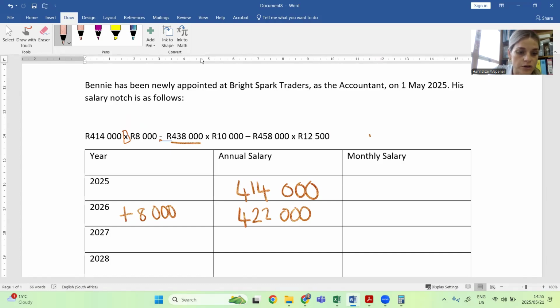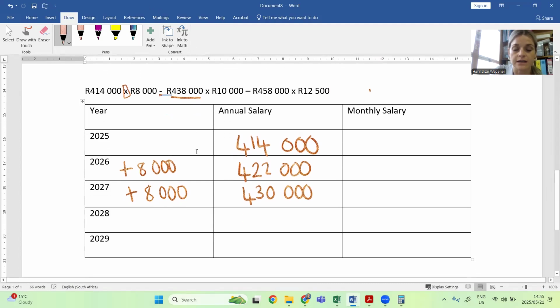We have not yet reached this new notch. Therefore, in the next year he's going to earn again 8,000 Rand more than the previous year, so 430,000. He has still not reached that next salary notch. So in 2028, it's again only increasing by 8,000 Rand.